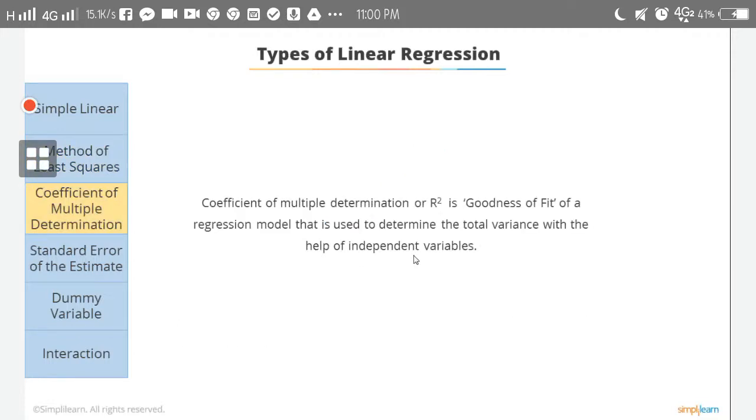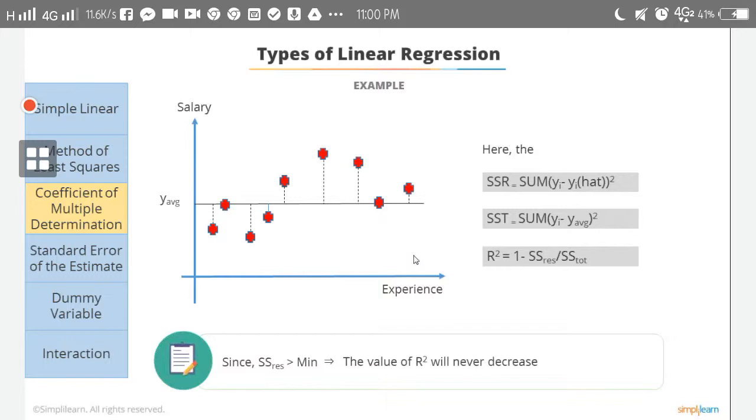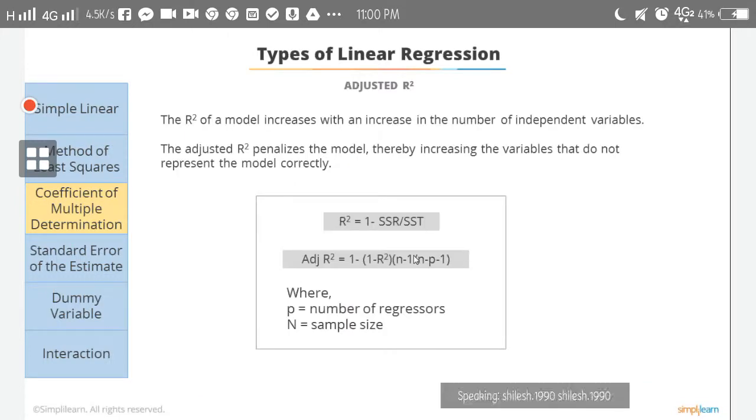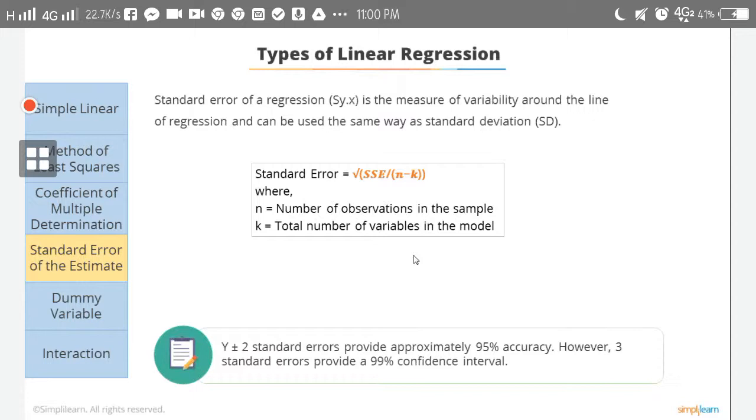Now what is R square? That we'll see. What is adjusted R square? What is standard error?